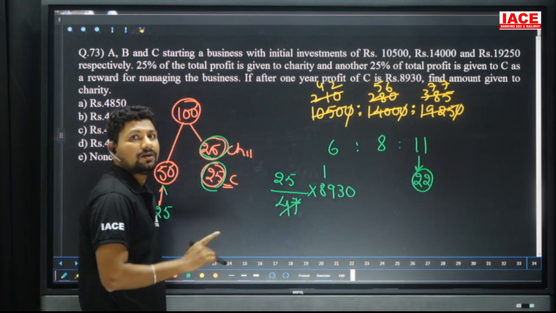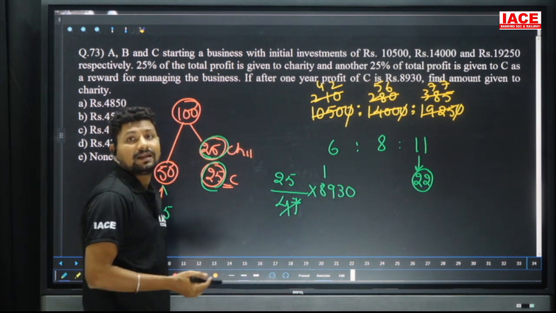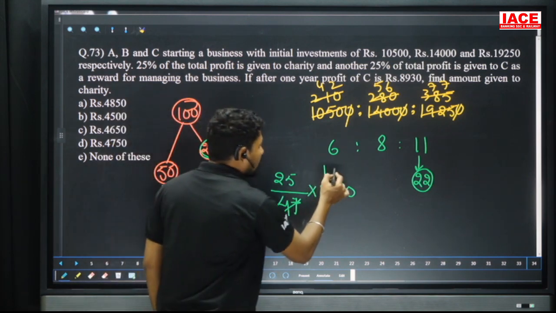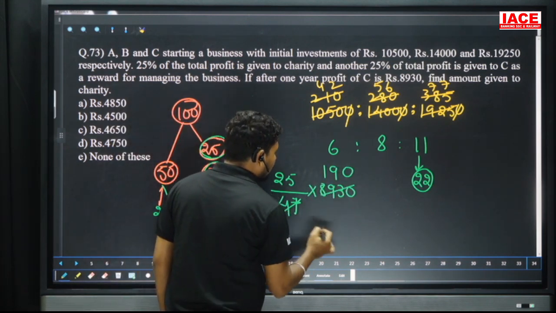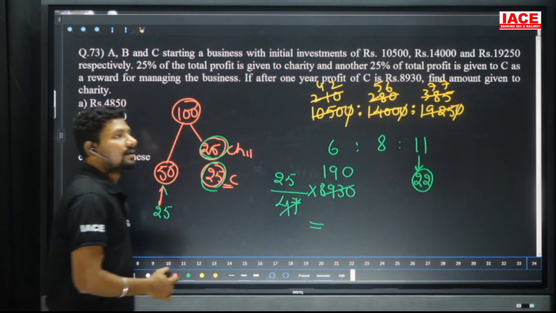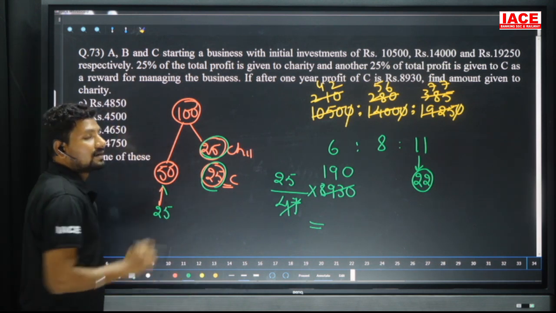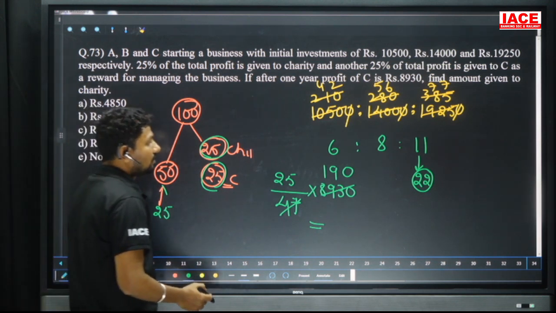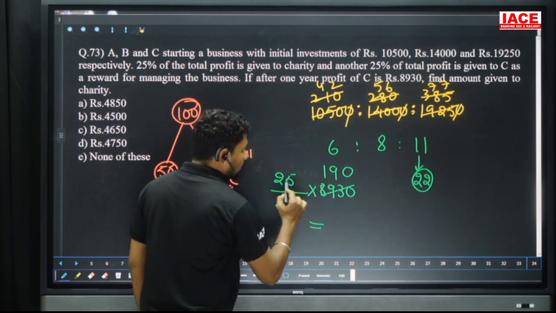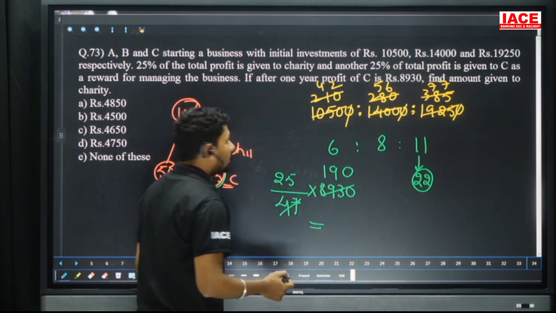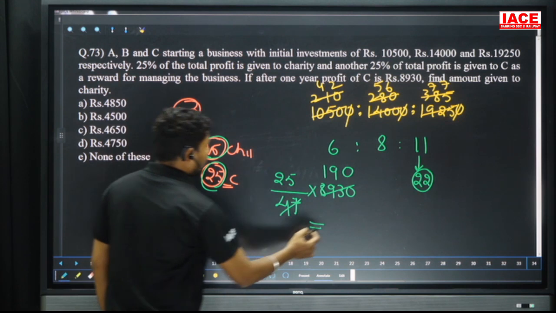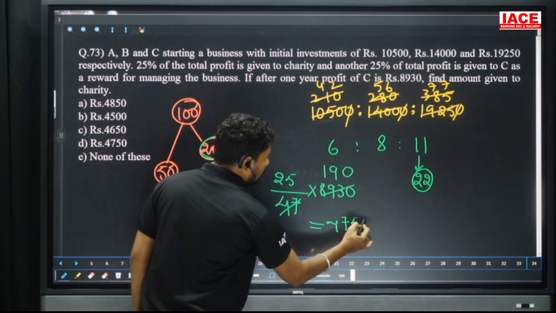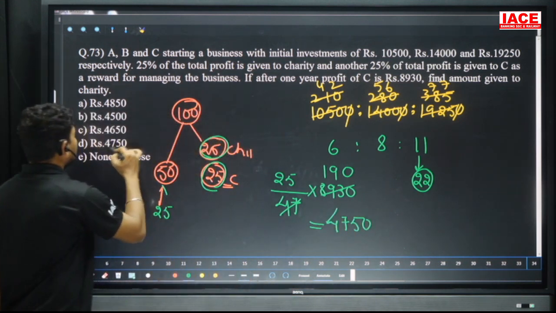This 423 is cancelled here 9 times and 0. 190 into 25: 25 10 ja 250, 25 9 ja 225, which is equal to 4750. Then our option is what? D option.